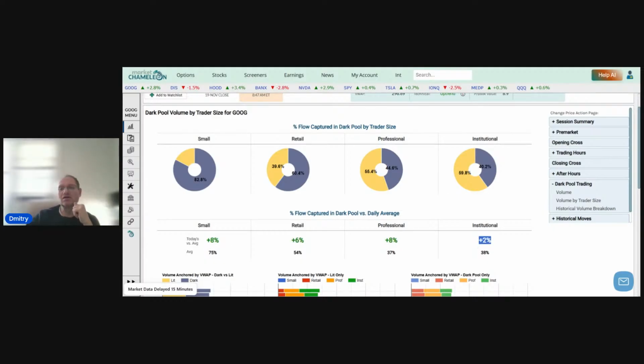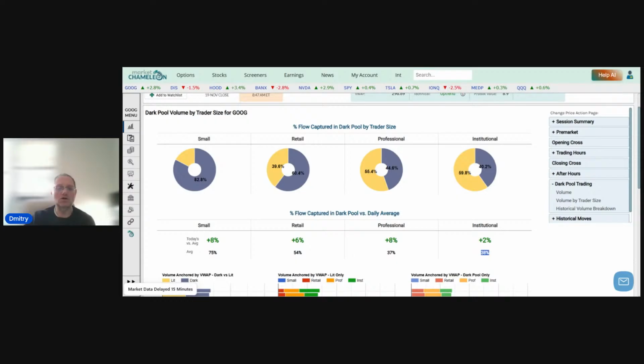On the day, what we see is there's more flow into the dark pool, more volume going to Google, and it increased across the board, right? So there's liquidity in the dark pool for all trader types.